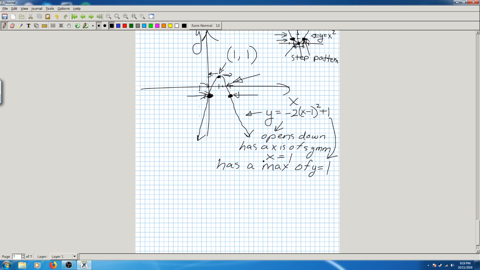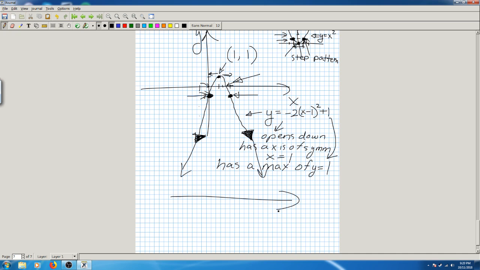Oh, one thing we also need to talk about is something called domain and range. Okay, so notice how I've drawn arrows here. Okay, these arrows go on forever, right?